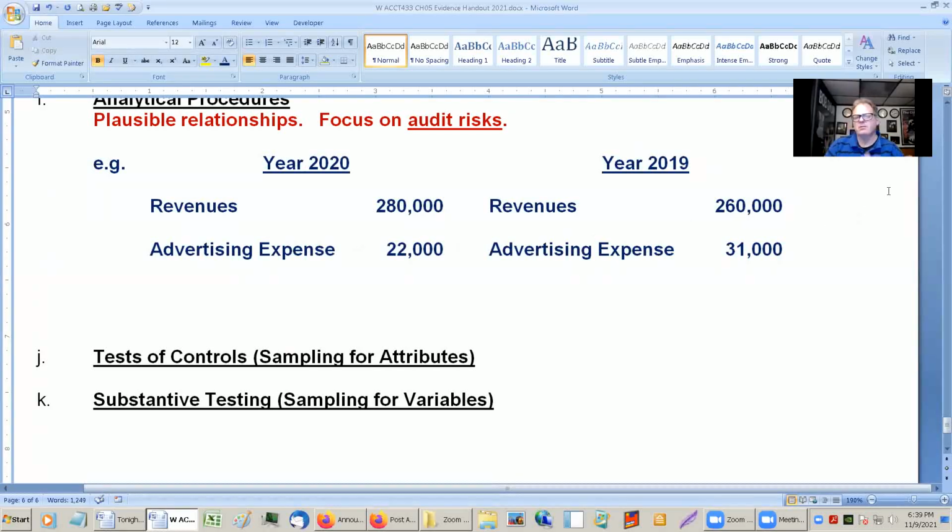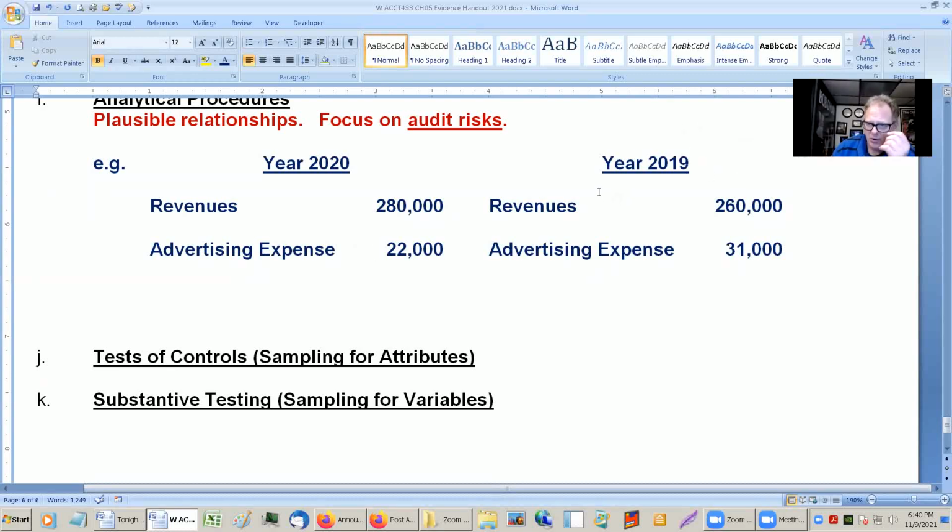Yeah, exactly. You'd expect the advertising has some impact on the revenue, whether you pay more commissions or you do more advertising to make more sales or whatever it is. You would think that there's a plausible relationship. The more advertising, the more revenues you have, so they probably go up together. But this is just the opposite.